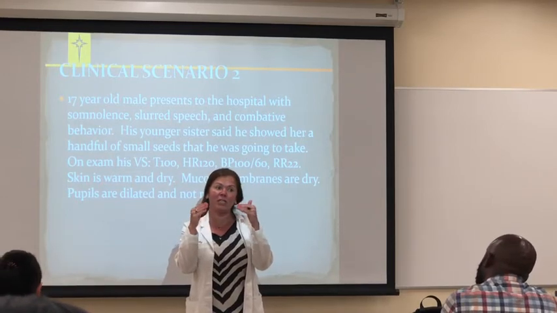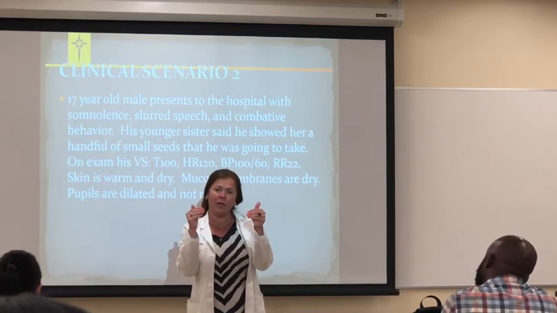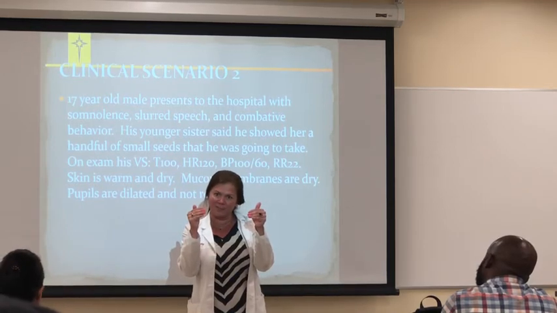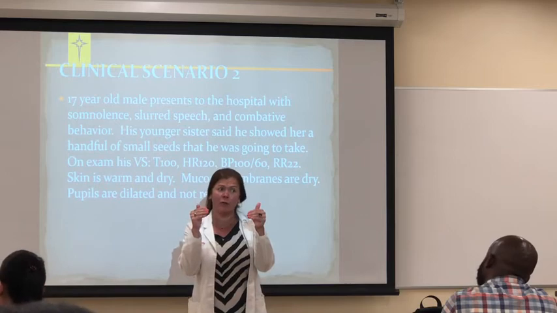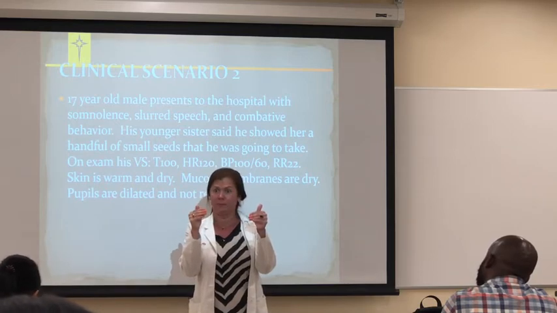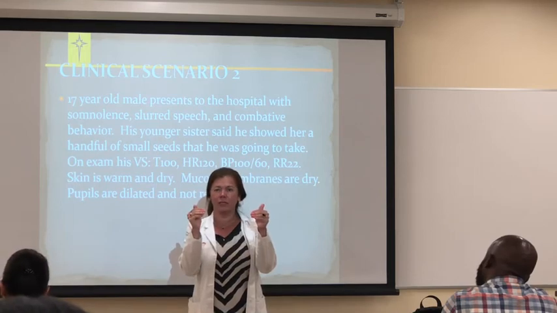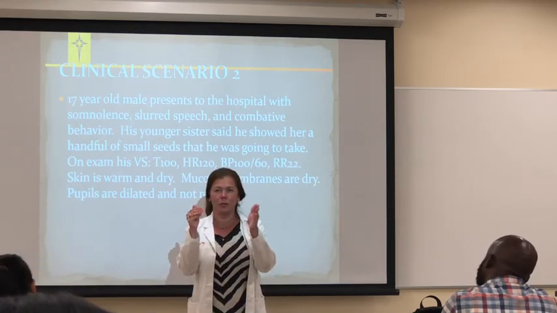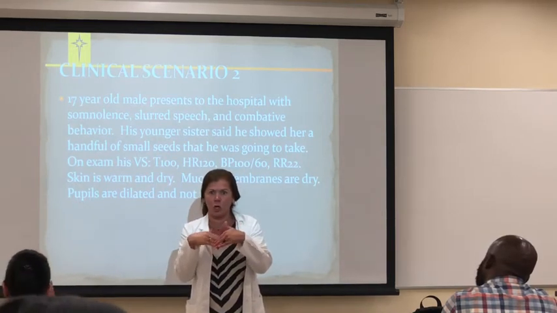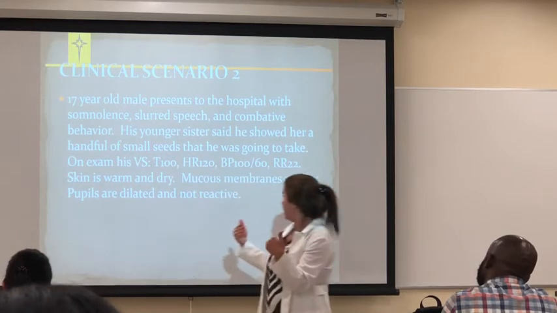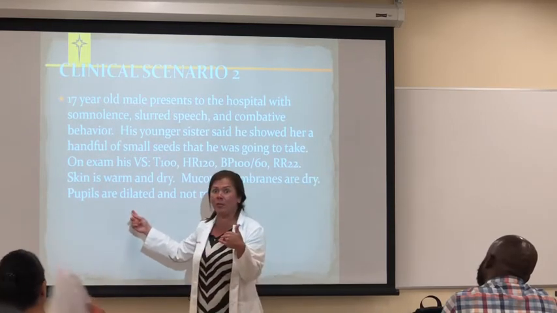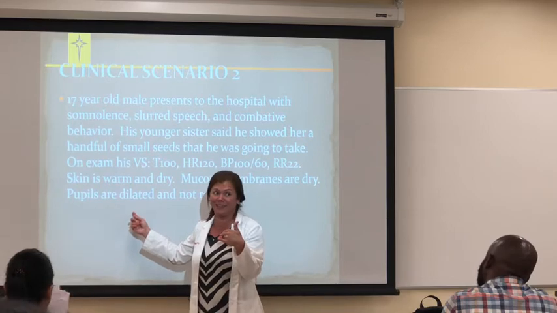Even though my patient is somnolent, if you're really sleeping, you're not going to be tachycardic. And there's no reason why you should have a temperature of 100 when you're sleeping. Could it be benzos or opioids? No. And when you're sleepy, are your pupils constricted or dilated? I don't know.